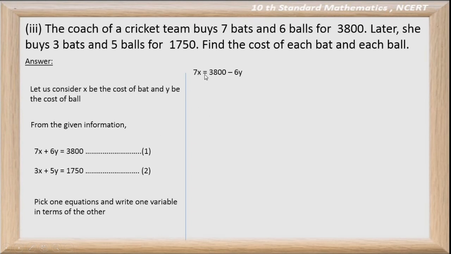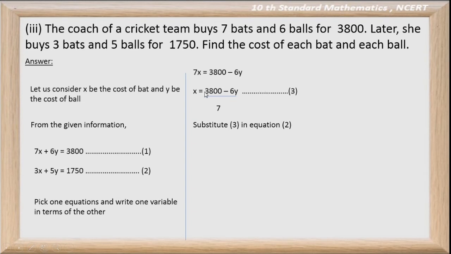So 7x equal 3,800 minus 6y, divided by 7. So x equal to 3,800 minus 6y by 7. Make it equation 3. Now we got one value for x. This value we have to substitute in the second equation.